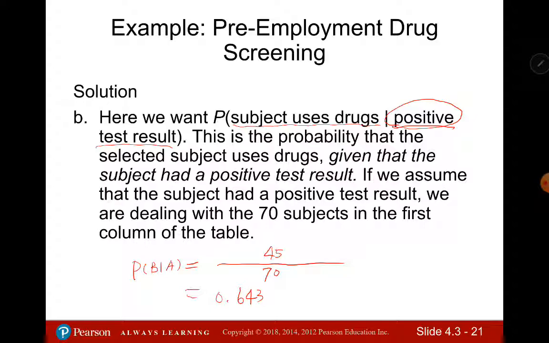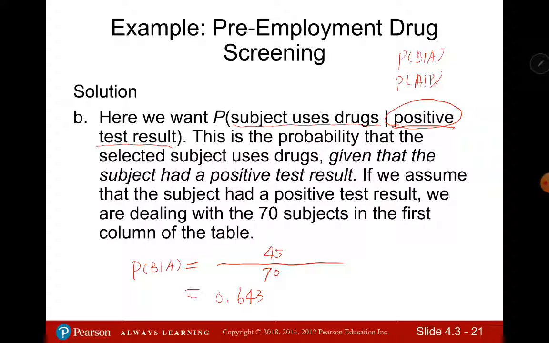From part A, we get 0.9. Part B, we got 0.643. You realize the probability of B given A, if we change to A given B, change the order. Because previous one, we talked about positive result given uses drugs.